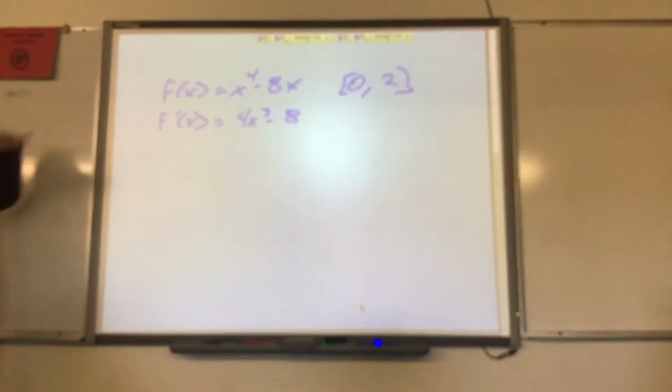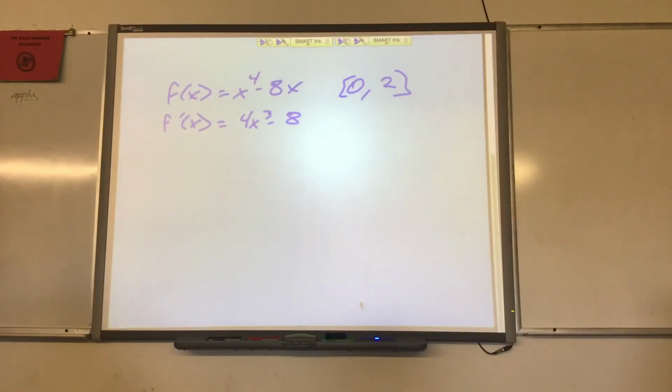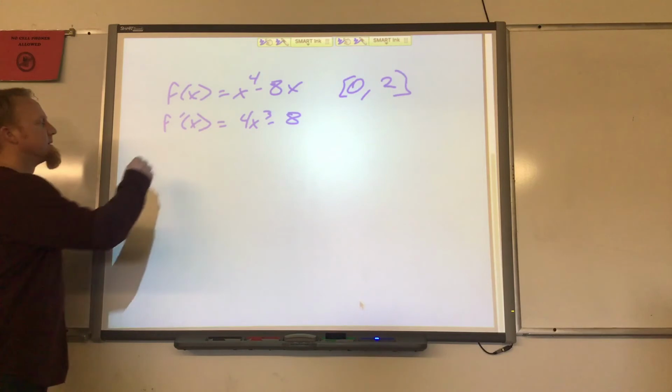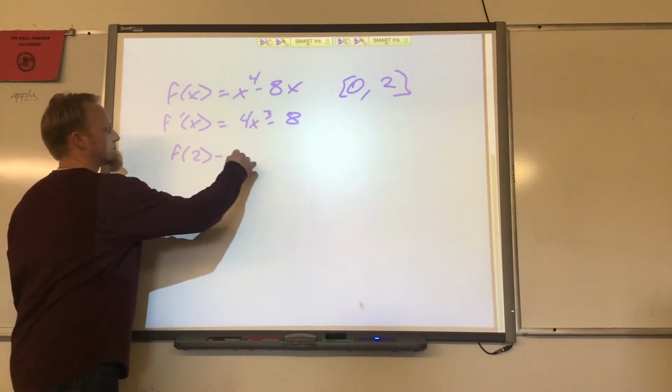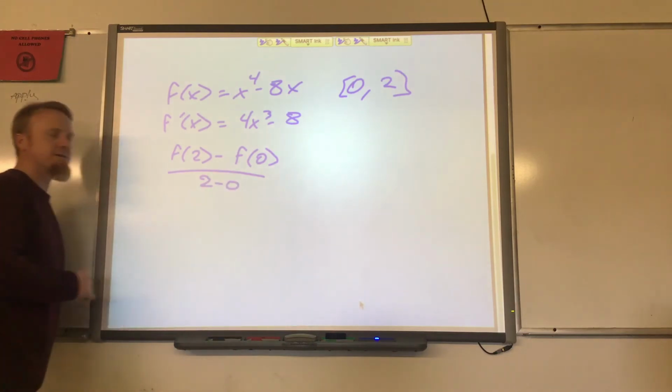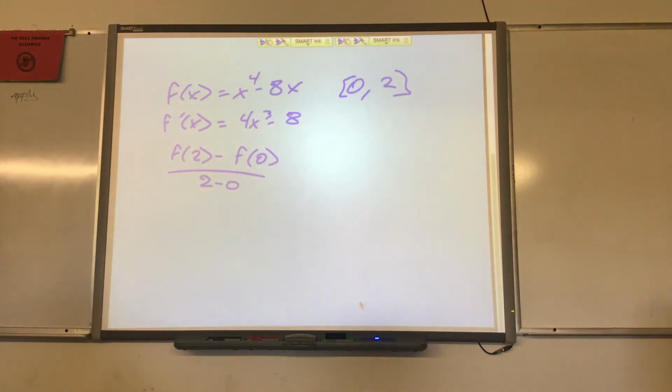So what do I need to find next? I need to find my slope, my average rate of change. So what's that going to look like? You do f(2) minus f(0) over 2 minus 0. Very good, that represents my average rate of change. So f of 2, how do I find f of 2?